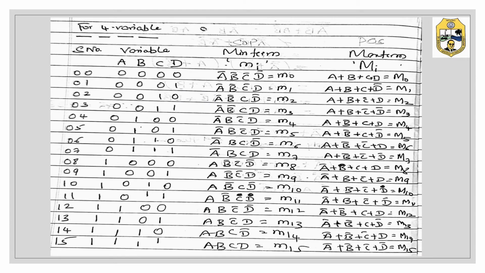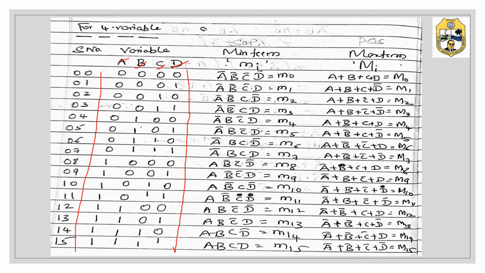Then for four variables we have to take A, B, C, D, and these are the values of A, B, C, D, that is 0 0 0 0, 0 0 0 1, up to 1 1 1 1. These will indicate 0 to 15.